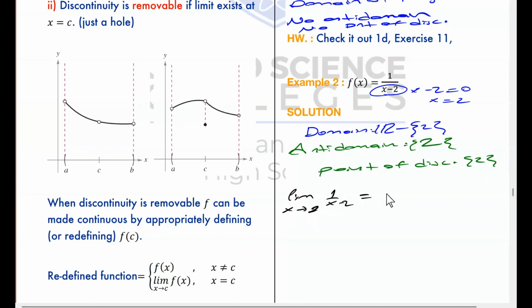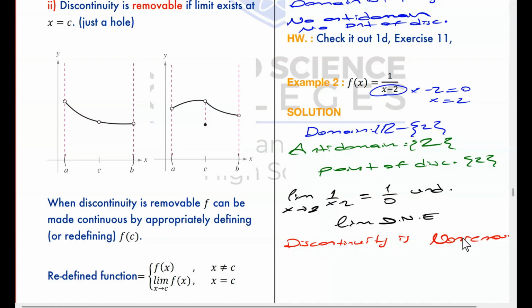When I insert 2 back, it's going to be 1 over 0, which is undefined. So if the limit is undefined, which means the limit does not exist. If the limit does not exist, then the discontinuity is non-removable.